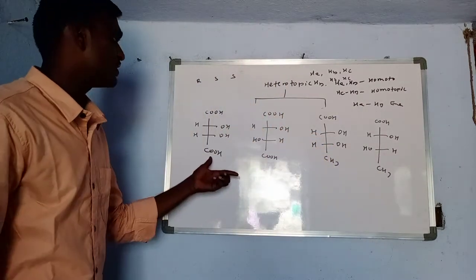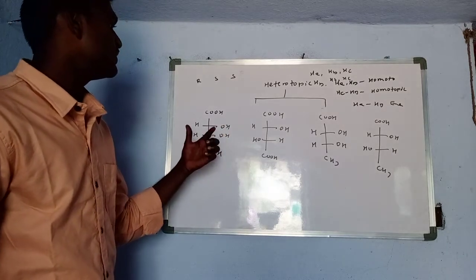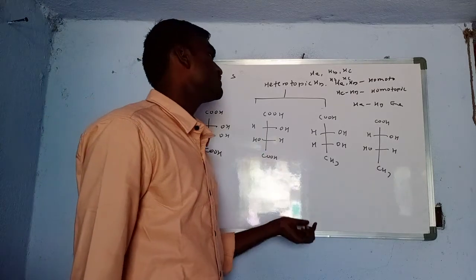In these four molecules, we can easily identify what is meso, active form, erythro and threo.